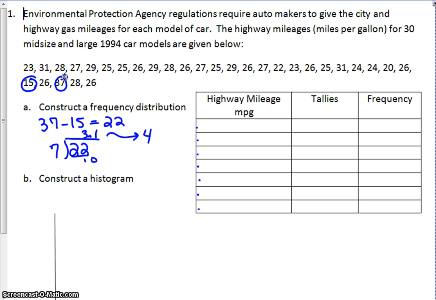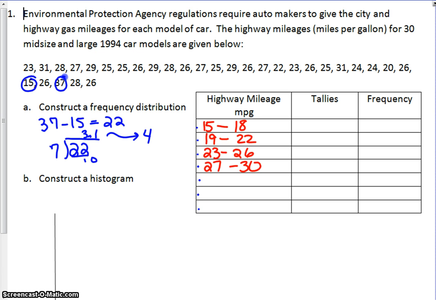Okay. So now we're going to start with 15 and increase it. There are 4 values: 15, 16, 17, and 18. So this actually goes 15 to 18. This one would be 19 to 22. Then we go 23 to 26, 27 to 30.